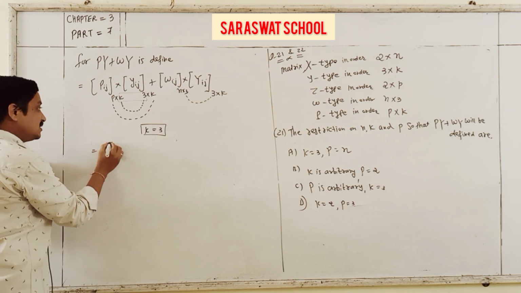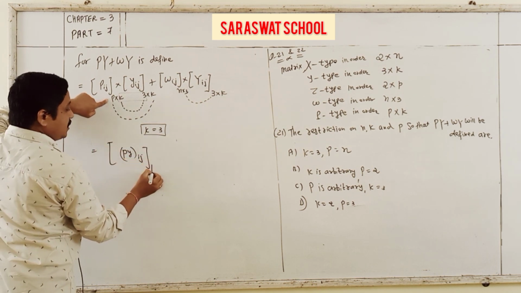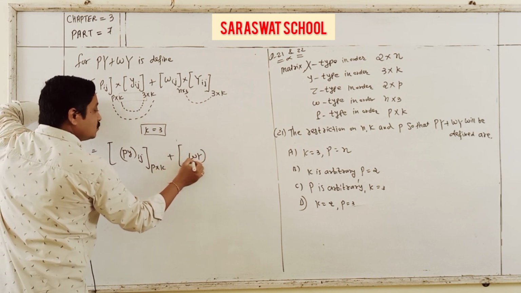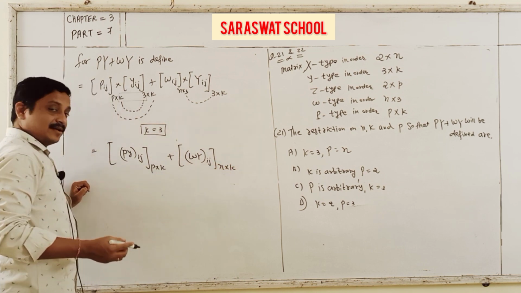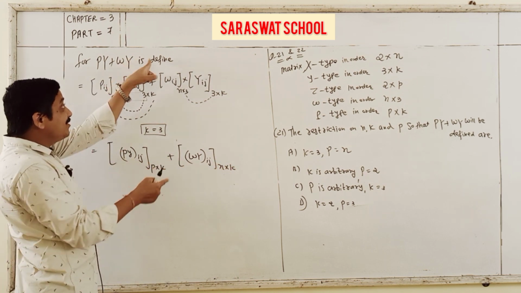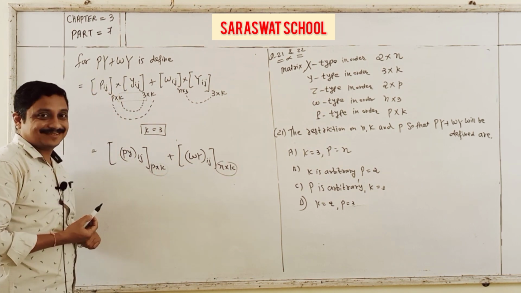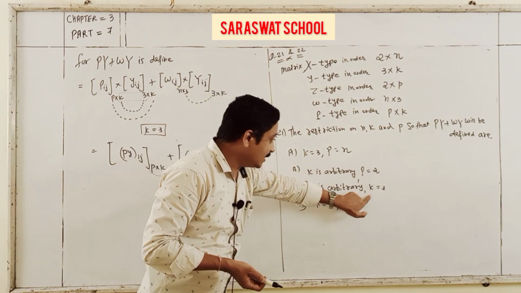So what is the answer for PY? Your PY answer is P into K. Same, WY answer is N into K. Now between them plus is also defined, so these are the same. So K equal to 3, your answer K equal to 3 here, either here.